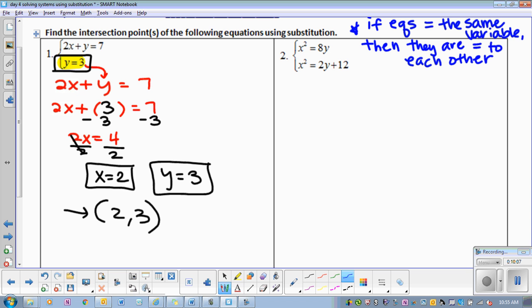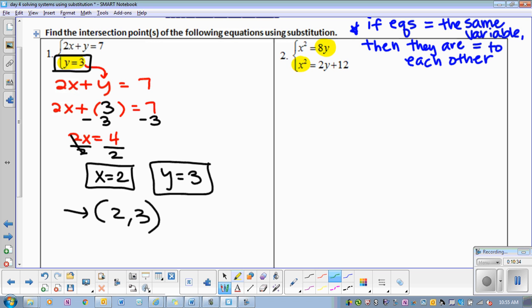Alright, so if you look, x squared equals 8y. But the other one also says x squared equals something. Well then, they're both equal to x squared, so they're equal to each other. You could plug this 8y in for that x squared, couldn't you?